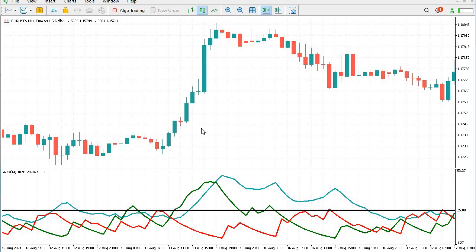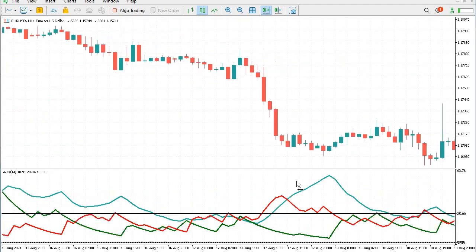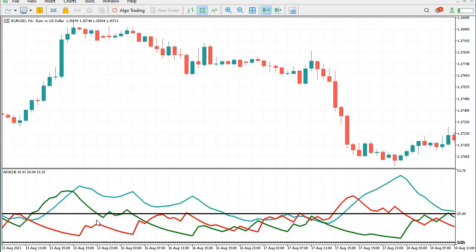Everywhere I'm waiting for that. Like here you can see there's a signal, the red is above the green, but I'm not trading this until my momentum goes below 25.